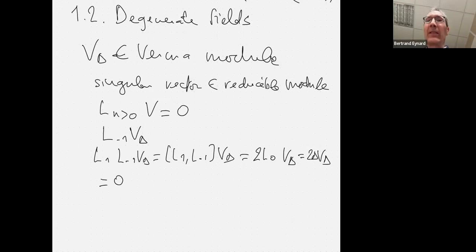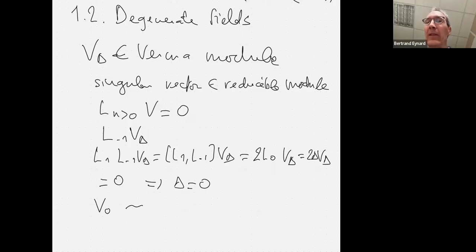So this tells us that I can have two different types of primary field of dimension 0. I have V0 itself, a primary field of dimension 0. That's just an ordinary primary field, and it has a descendant called L-1 V0, which does not vanish.